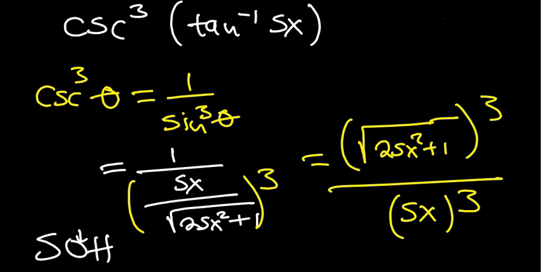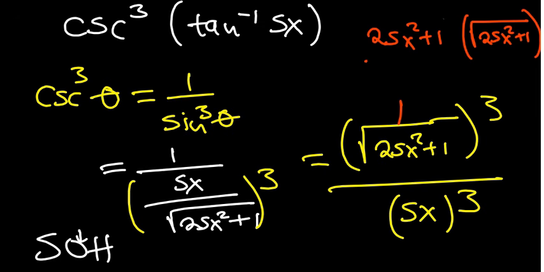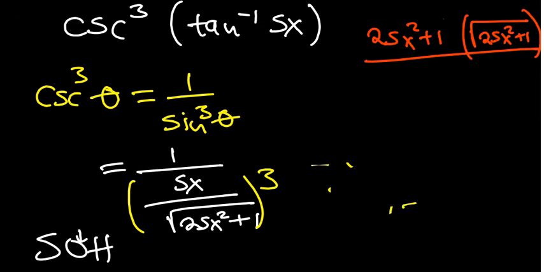If you multiply the square root by itself twice, the square root will go away. So you have 25x squared plus 1, and in the brackets you remain with 1 more, which is the square root of 25x squared plus 1, over what is on the denominator. If you multiply 5 times 5 times 5, it should be 125. So that's how you simplify.